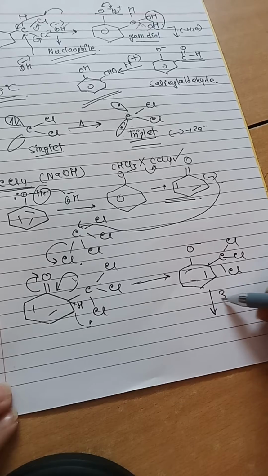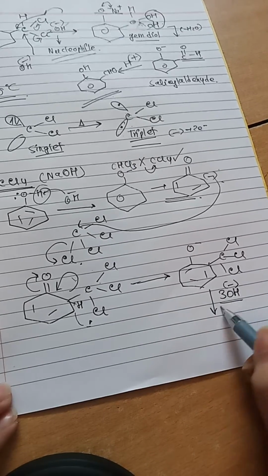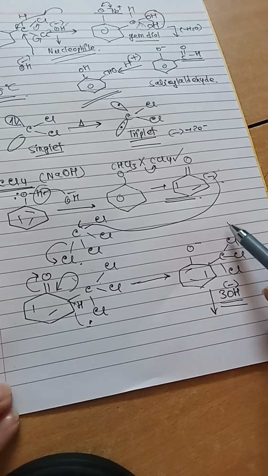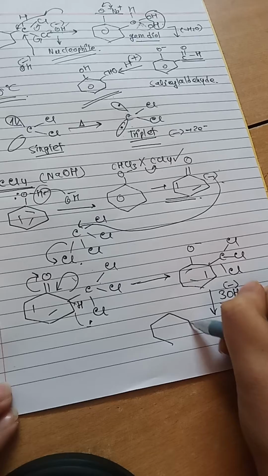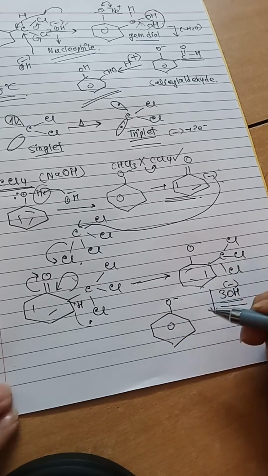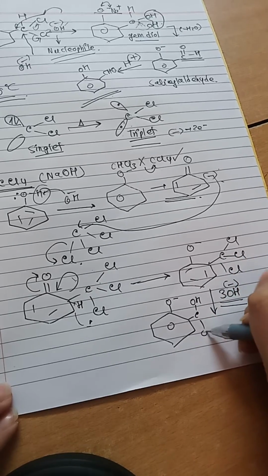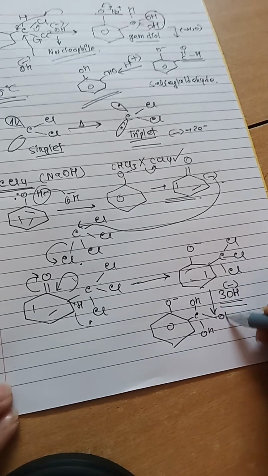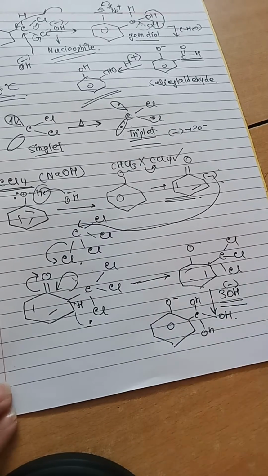Now in this case, we will require 3 OH minus, and again these 3 OH minus will replace these 3 Cl atoms to give this. OH, OH, OH: 3 OH groups are attached to this carbon.